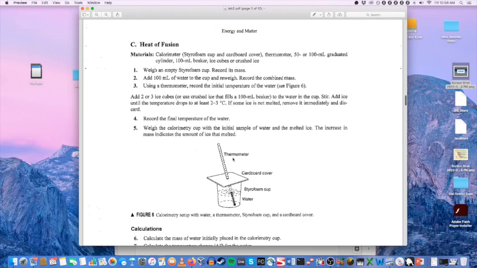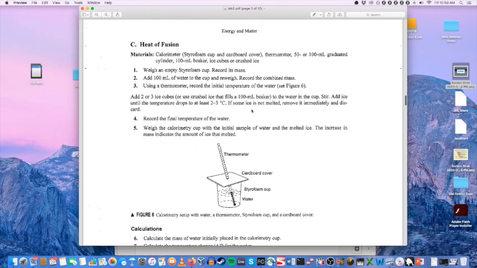After measuring the mass of the cup and the mass of the cup plus the water, we also record the initial temperature, which is 21 degrees. After that point, we add a handful of ice to cool it down to about 2 degrees Celsius.